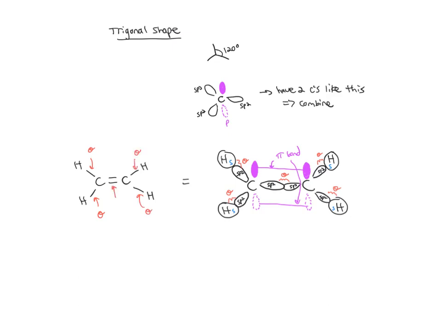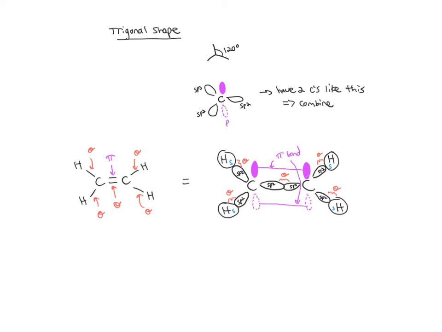For the double bond, one of the two bonds is a sigma bond, and the other one is a pi bond. It's a different type of bond because it's made from two overlapping p orbitals, and they overlap side to side instead of the overlap that happens with the hybridized and s orbitals, which overlap head to head.